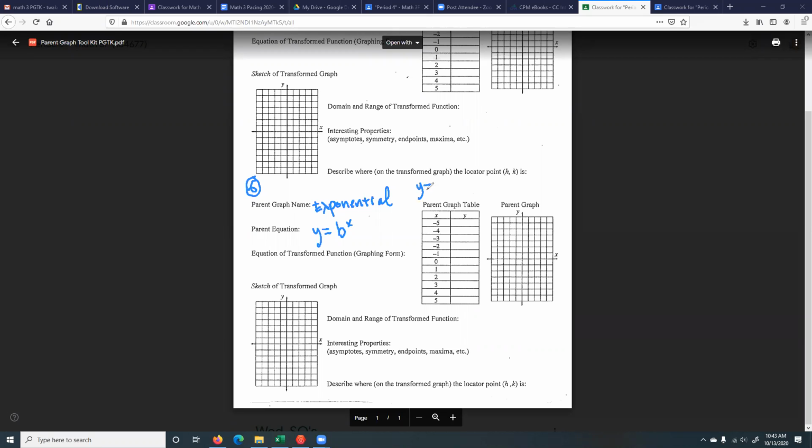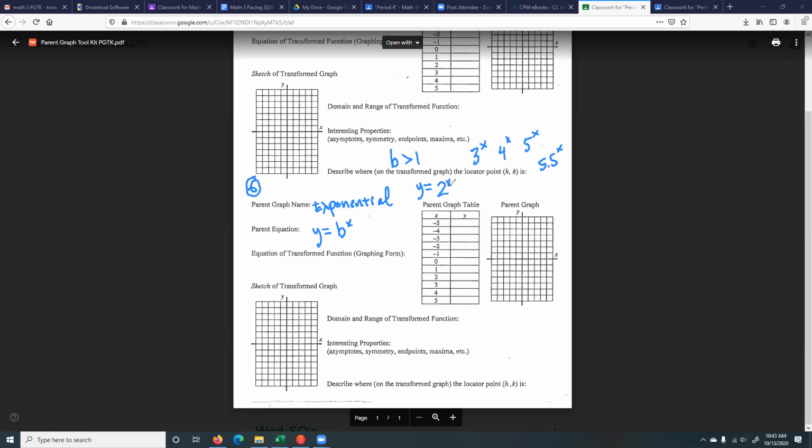So I'm going to put y equals 2 to the x for our parent graph, because we need to put a value in there to graph it. But it could be 3 to the x, 4 to the x, 5 to the x, it could be 5.5 to the x. b needs to be a number bigger than 1 though. So let's make it 2 to the x here.